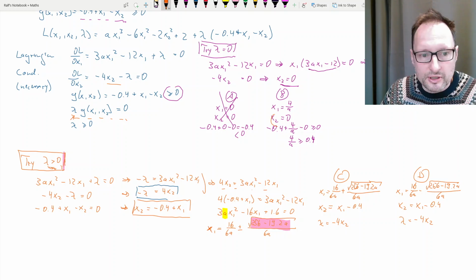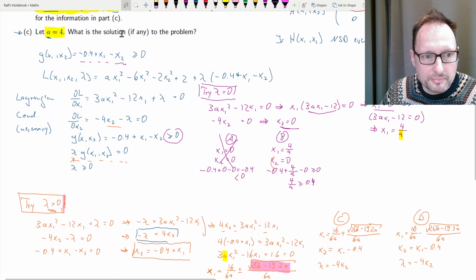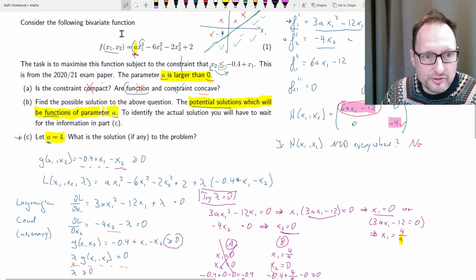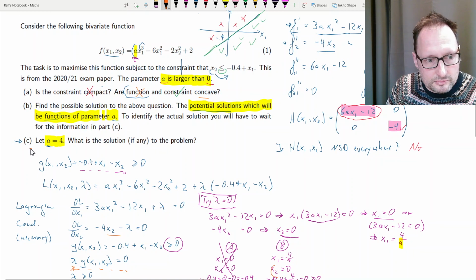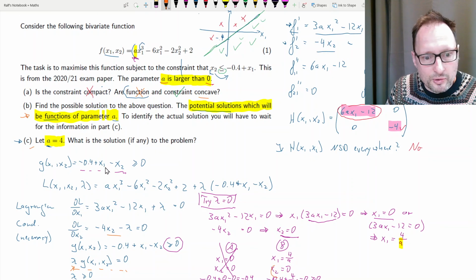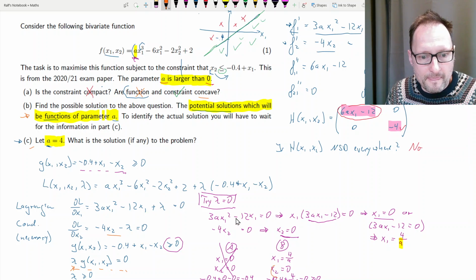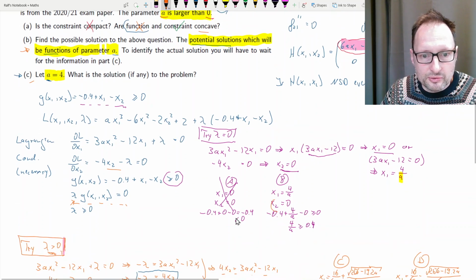So let's just briefly go up and see again what part C looked like. What we've done is consider our potential solutions, and let's summarize what we found.